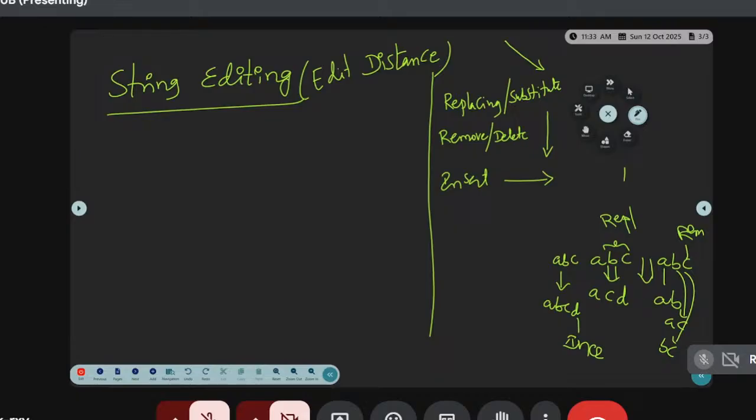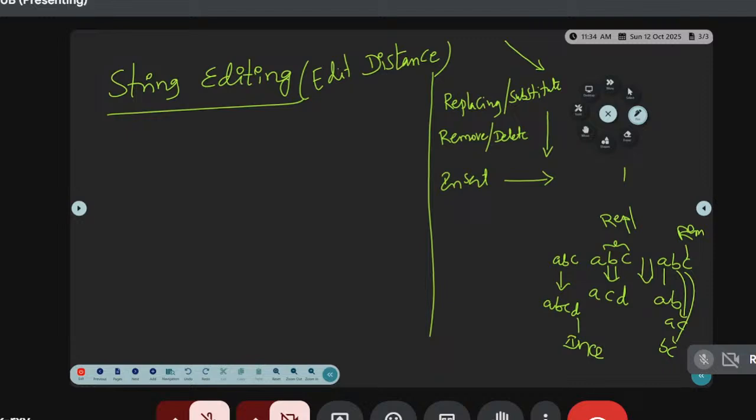Minimum number of operations required to transform one string into another string.